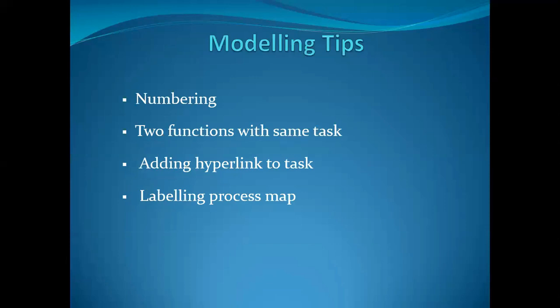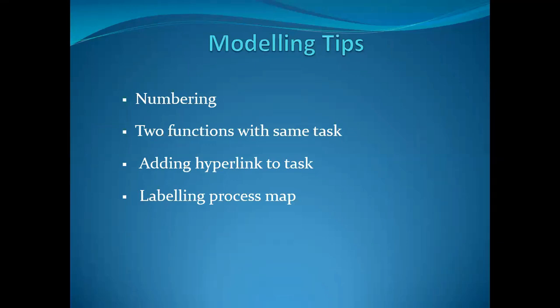And modeling tips. I'll quickly show you how we have numbering, how you can number your processes. And also if you have two functions that are completing the same task, like for example lane one and lane two are carrying out the same task, how do you represent it within that process?